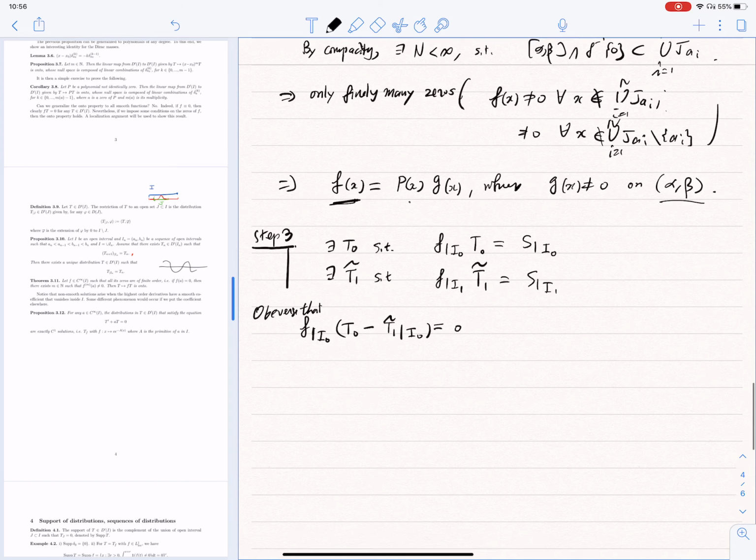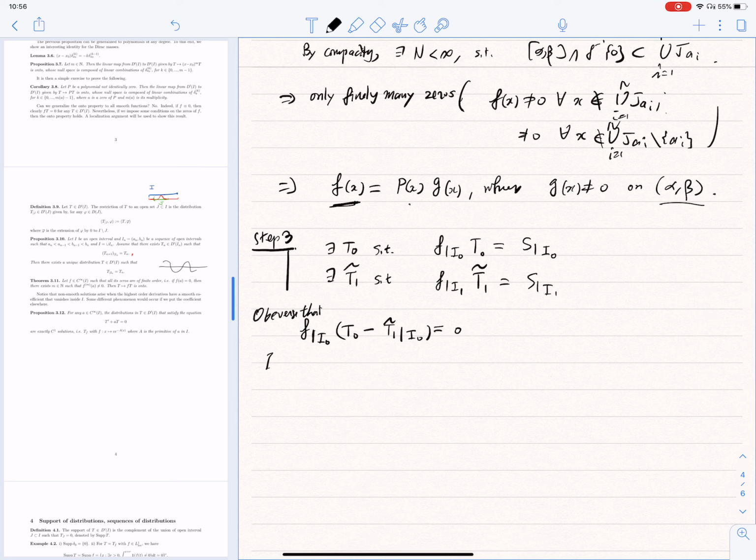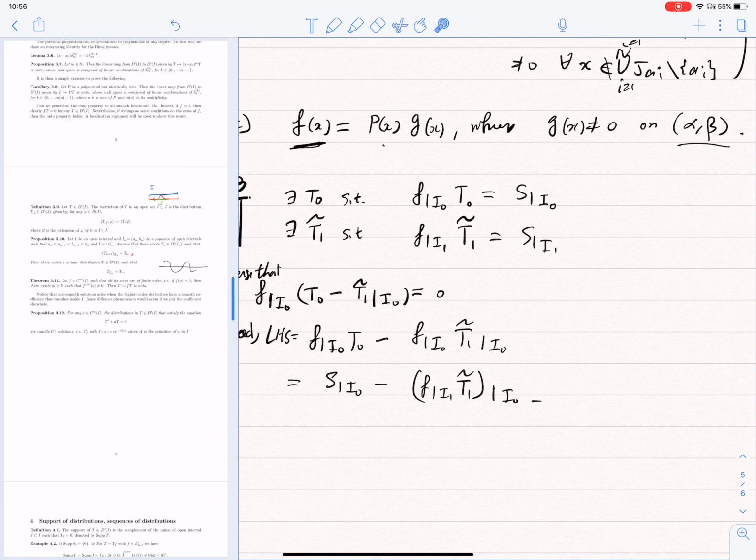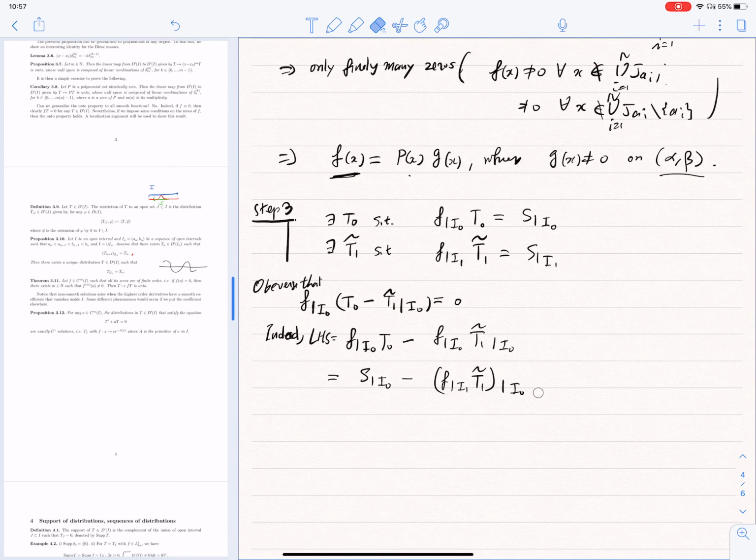Observe that we have this identity, and this is simple, since indeed f restricted to I_0 times T_0, minus f restricted to I_0 times T_1 tilde restricted to I_0, the first term is S restricted to I_0, and the second thing is f restricted to I_1 times T_1, the whole thing restricted to I_0, and since we have the solution in here, this is nothing but S restricted to I_1.